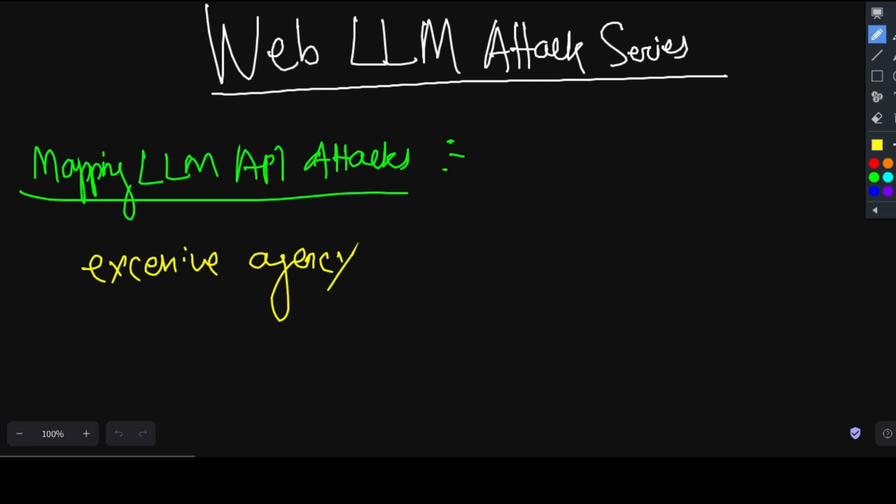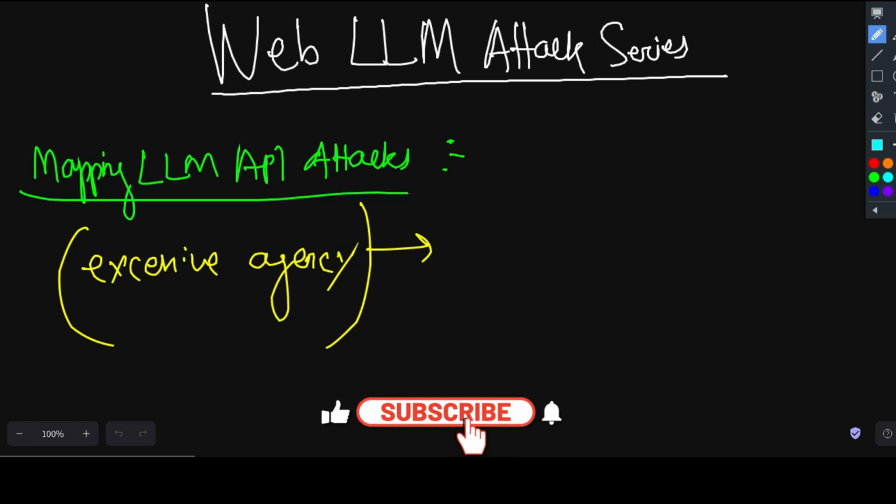Here we are going to learn about the term excessive agency. What does this term refer to? It means the situation in which an LLM has access to an API that can access sensitive information. That is called excessive agency.